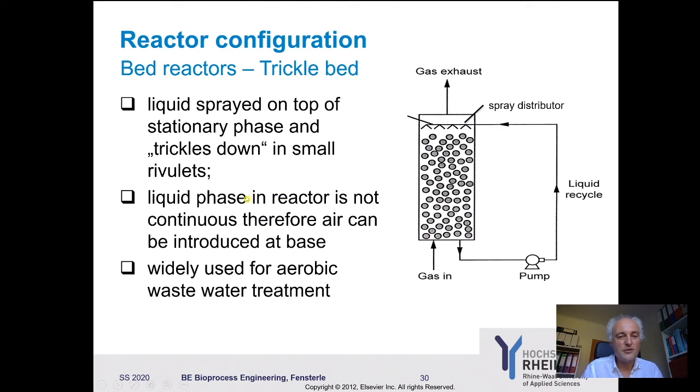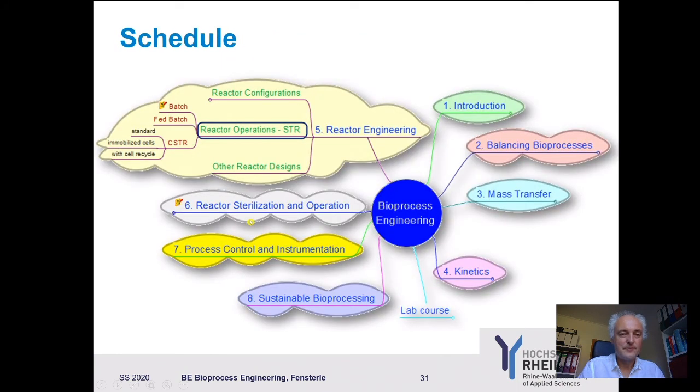So you have no continuous liquid phase. You can bring in the air easily here, and this is quite cheap to realize for these types of reactors. So this is often used in aerobic wastewater treatment. If you have small scale wastewater treatment plants, then this is quite easy and cheap to realize.